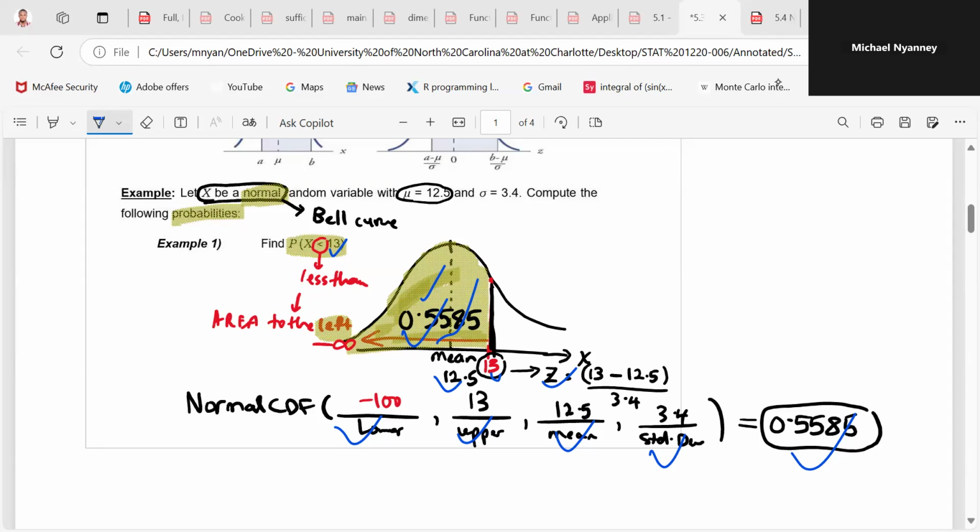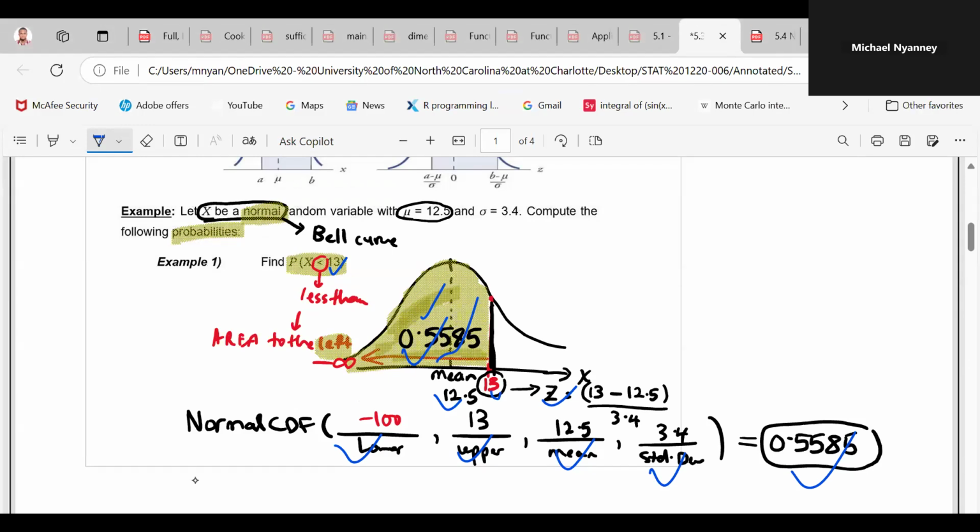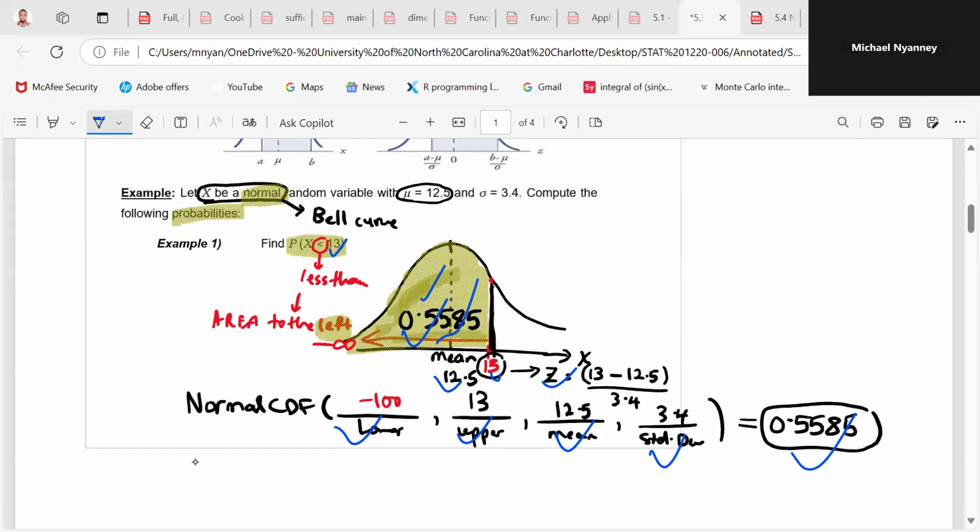Then the upper is 13. And now we have the mean to be 12.5 and the sigma is 3.4. Then you paste this, and that's going to give you your probability. So the probability is 0.5584.